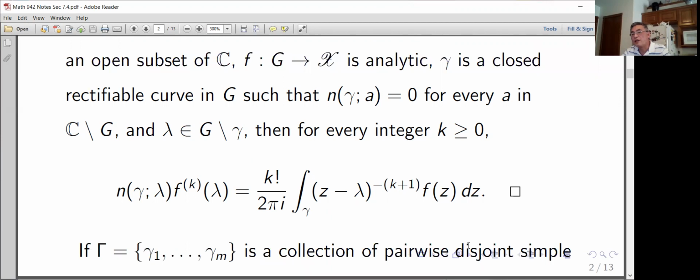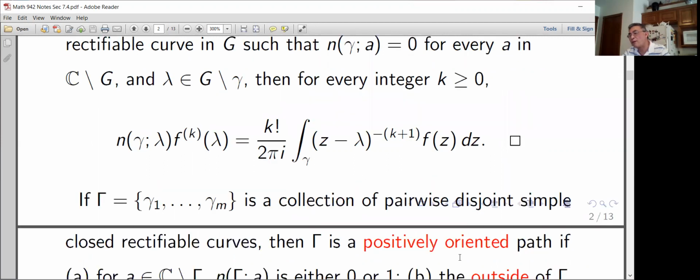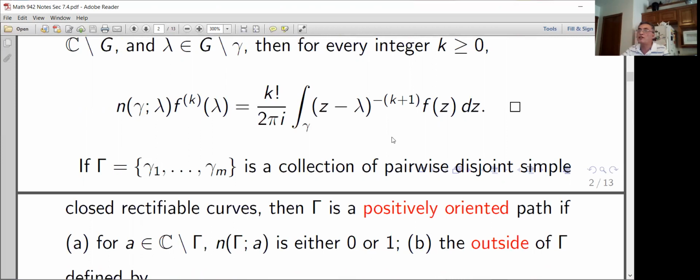Now, if big gamma, equal to gamma 1 through gamma m, is a collection of pairwise disjoint simple closed rectifiable curves, then we say gamma is a positively oriented path. We could say curve, but path emphasizes that it has a direction. Gamma is a positively oriented path if two conditions are satisfied.